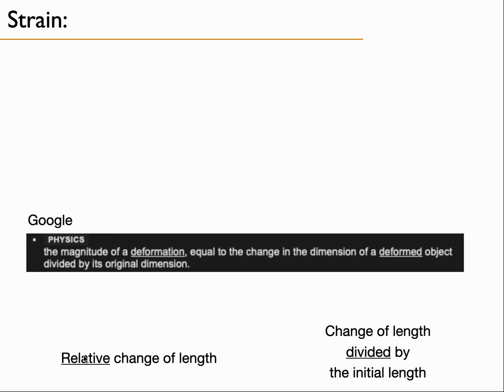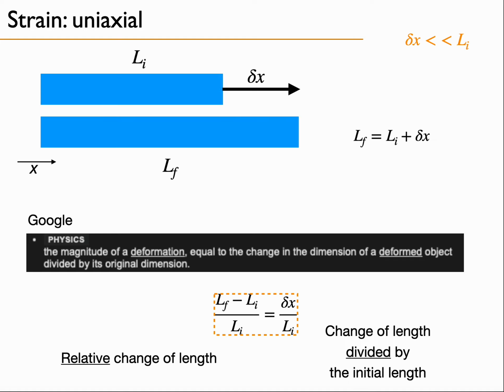And what relative means is that it is a change of a length divided by the initial length, the original dimension. So you can already imagine the unit. It's going to be the unit of a length divided by another length. So let's consider a uniaxial strain.